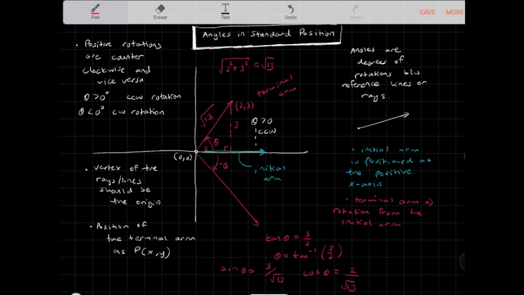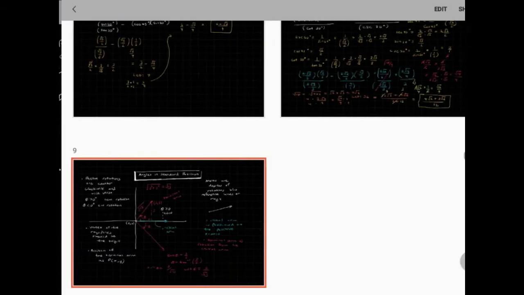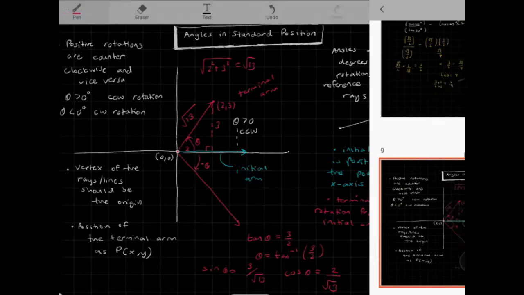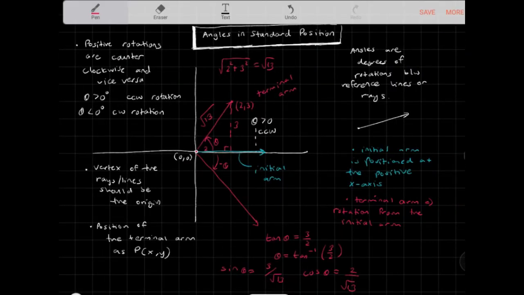The terminal arm is a rotation away from the initial arm. Rotations can be positive if they're counterclockwise, negative if they're clockwise, and the vertex's position is at the origin and the terminal arm's position can be represented in terms of x and y. So this is an angle in standard form, so make sure you can understand that.